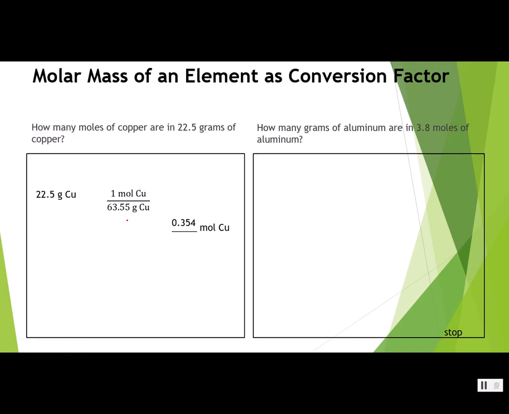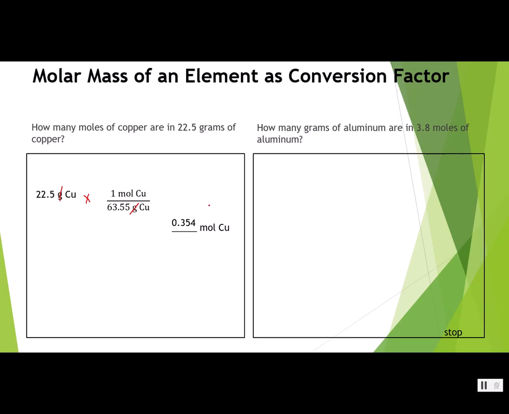I have written that molar mass as a conversion factor, and I wrote it so that my gram unit is in the denominator, my mole unit is in the numerator, so my gram units cancel. So in your calculator, 22.5 divided by 63.55 should give you 0.354 moles of copper.